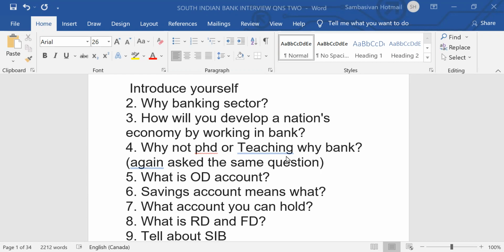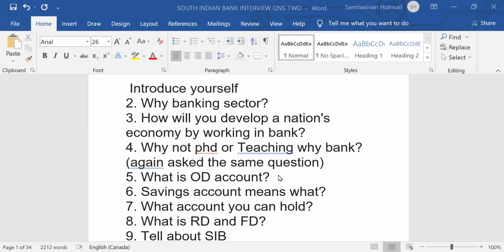Overdraft account. Overdraft account is happening in the case of current account where the bank allows you a limit based on security or without security and allows you to draw the funds even though you do not have funds in the current account. That facility of being able to draw above the amount you have kept in the account is known as overdraft account.